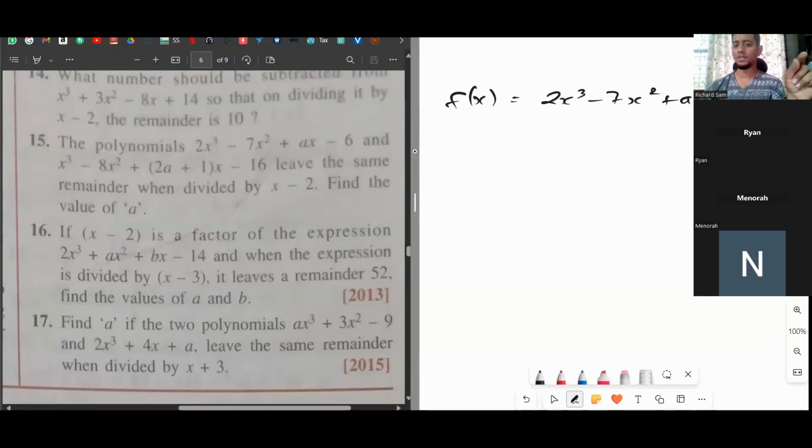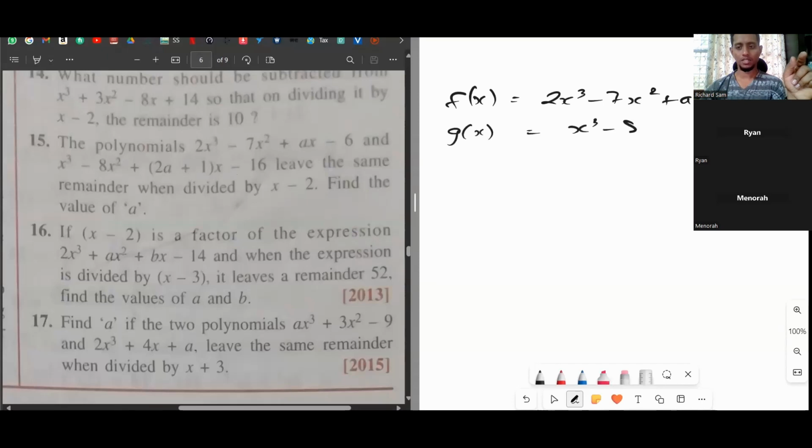And the second polynomial, we take it as g of x: x cubed minus 8x squared plus (2a plus 1) into x minus 16. They leave the same remainder when you divide with x minus 2. According to the remainder theorem, how do you find the remainder when you divide with x minus 2?